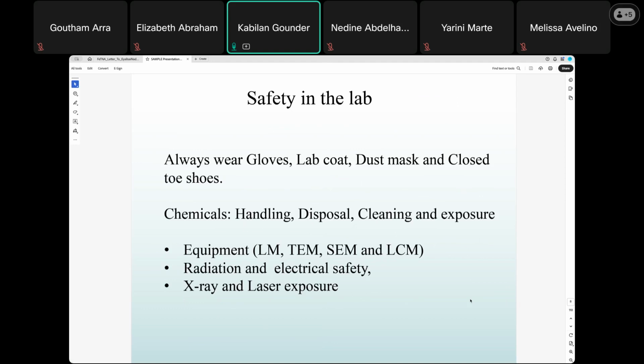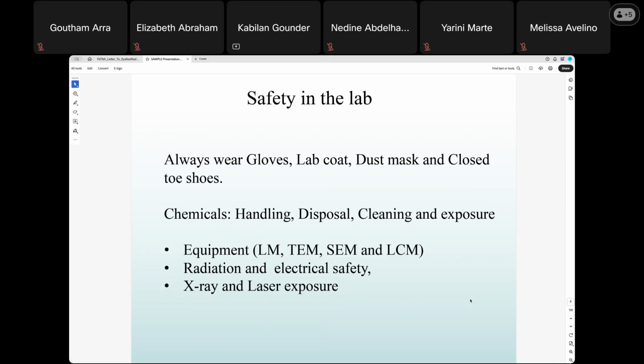Otherwise, if something spills and you do not clean these chemicals, solvents or salts, and somebody else comes there and works without knowing that there are chemicals, salts or solvents, then they will be exposed to this and affected.